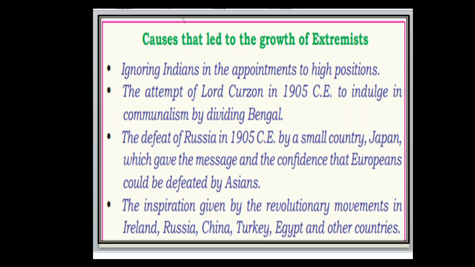He planned to divide Bengal on the basis of communalism. Also, in 1905 Russia was defeated by the small country Japan, and people understood that Europeans can be defeated by Asians. The inspiration given by revolutionary movements in Ireland, Russia, China, Turkey, Egypt, and other countries also inspired the extremists.